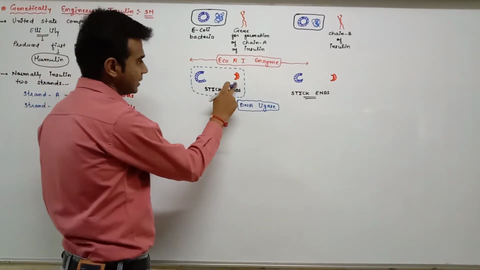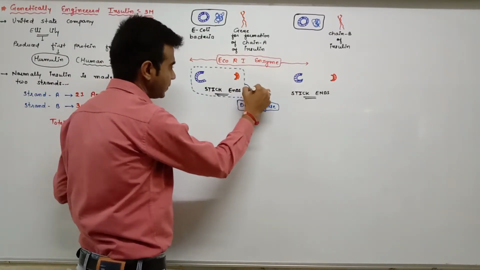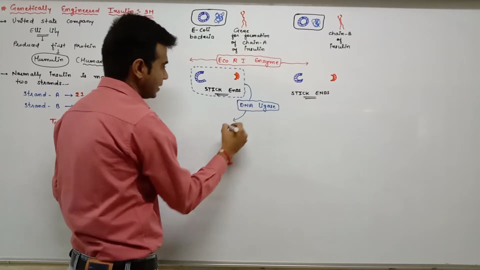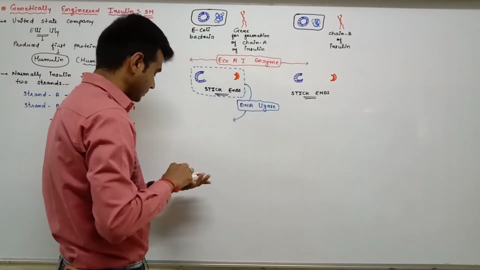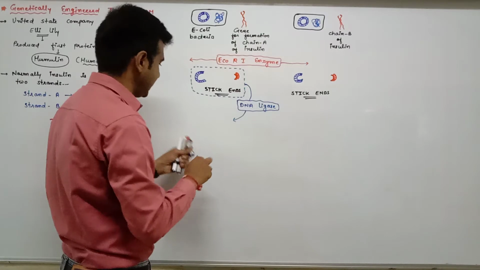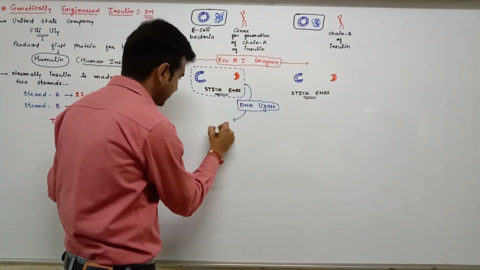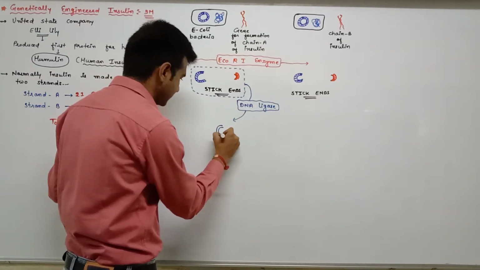This plasmid and foreign DNA for formation of the strand A will form the recombinant DNA or recombinant plasmid, just like this.